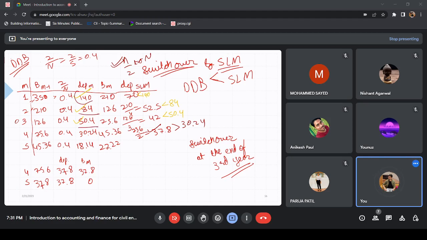You have got these values for each year. So you know how to calculate it. Should I calculate the values?